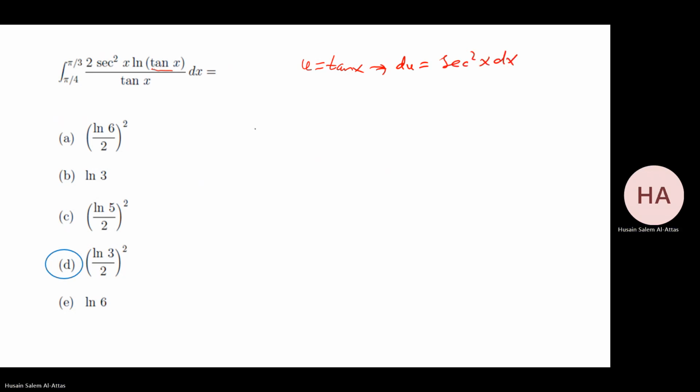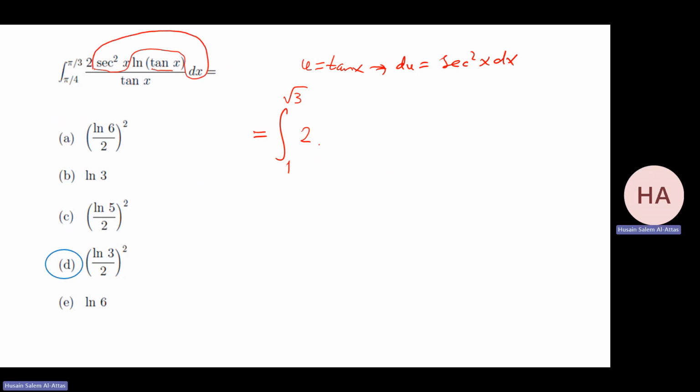So that integral will be, what will be tan pi over 4? 1. Tan pi over 3 will be square root of 3, which is sine pi over 3, square root of 3 over 2, over half. Okay. So that will be 2.